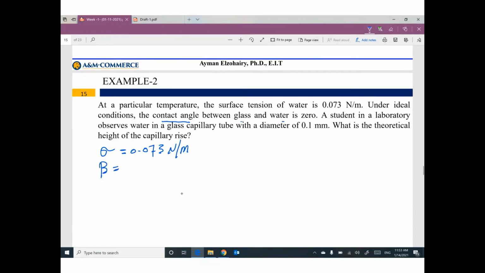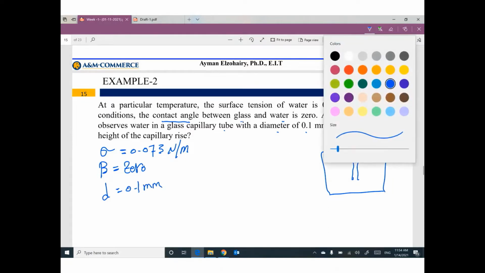Beta equals 0, the contact angle. A student in a laboratory observes water in a glass capillary tube. We have water and we have a capillary tube, with a diameter D equal to 0.1 millimeter.